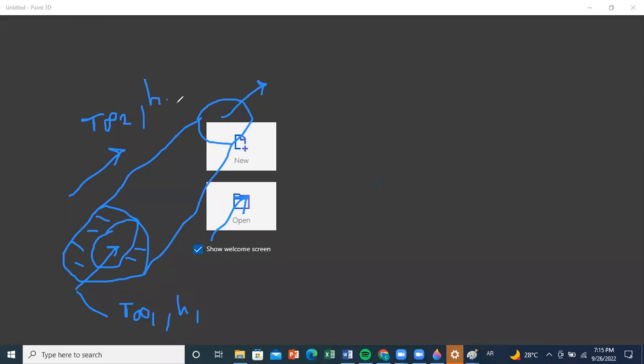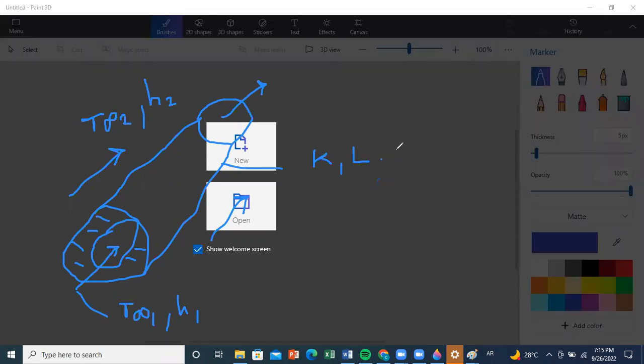Okay, and they give you also the characteristic of the material. They give you the conductivity K, and of course the length of the rod and the inner and outer radius, R inner and R outer.